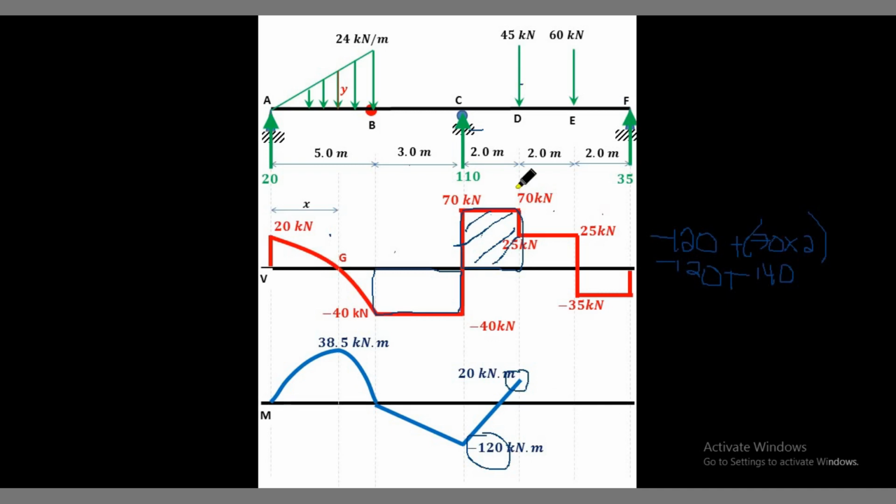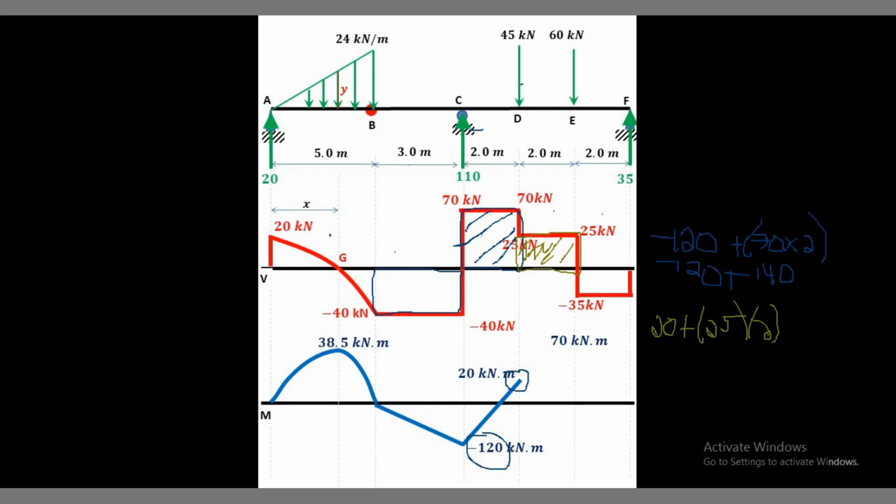Now, I have to consider the area from D to E, which is this rectangle. So, paano ko makukuha yan? Nag-end ako kay 20. Positive yon kasi nasa taas. Since nasa taas din ito, so plus. Then, the area of this rectangle is 25 times 2. So, 20 plus 25 times 2 is 70.